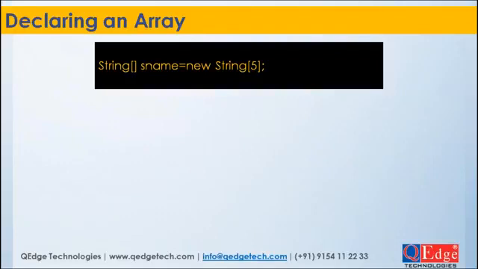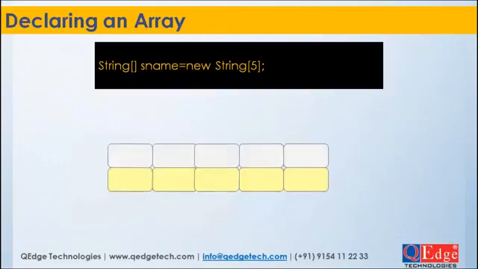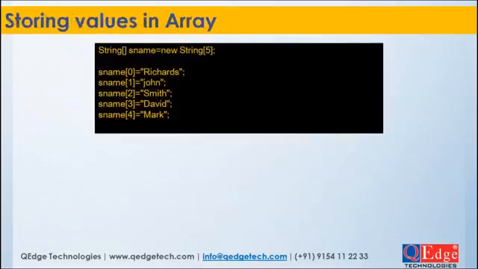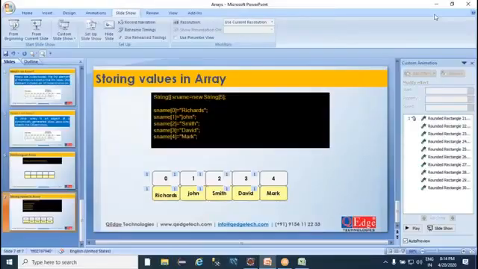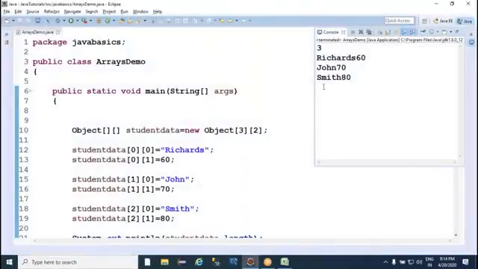Name of the array equal to new string or new int, new char, something like this. We can store the data like this. And also I have introduced you to the other way of storing the data. Directly, String array sname equal to, directly you can store the values. Right. We can go for single dimensional array, also multi-dimensional array.